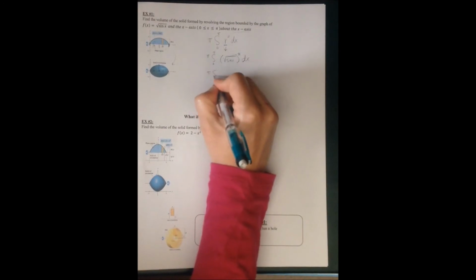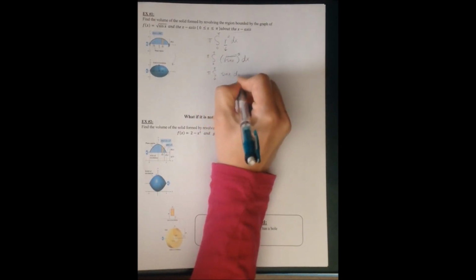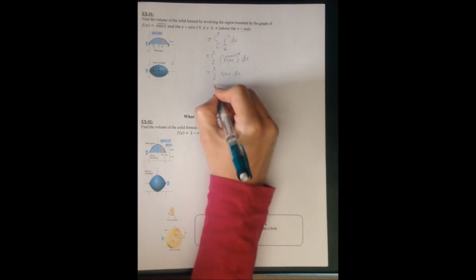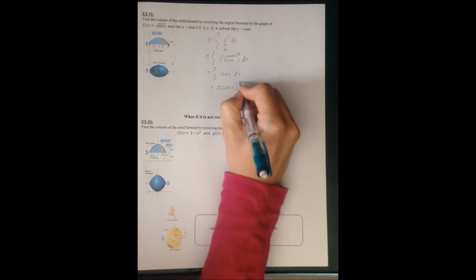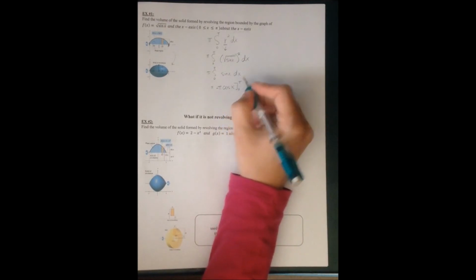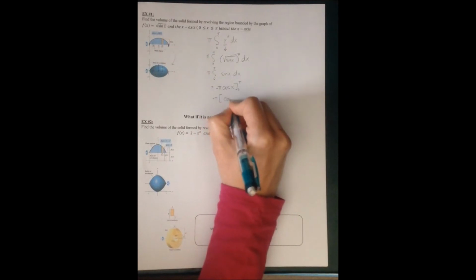The square and the square root cancel, and I'm left with just the integral from 0 to pi of sine of x, and then we can integrate sine of x. We have pi times negative cosine, so negative pi cosine x from 0 to pi. So now let's evaluate it, plugging in our pi and our 0.